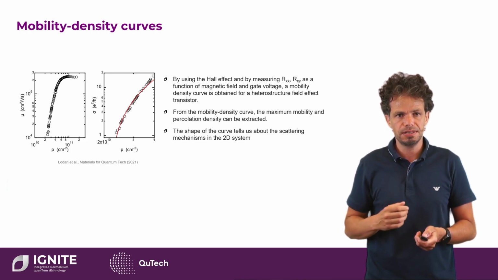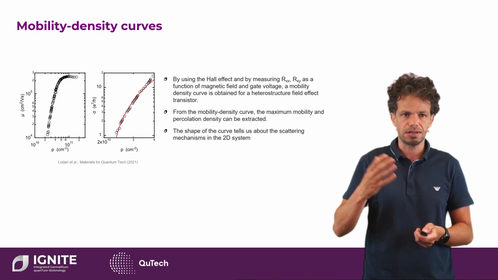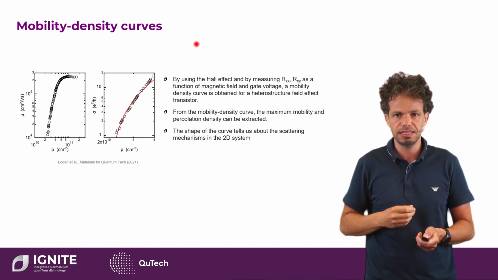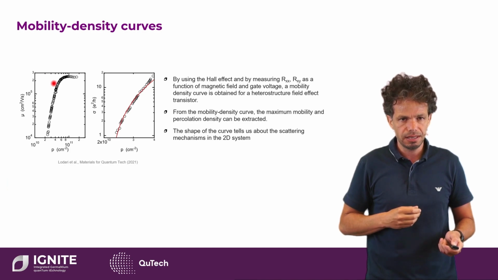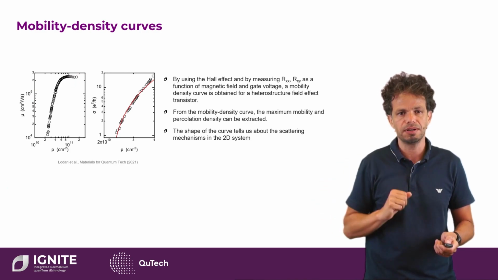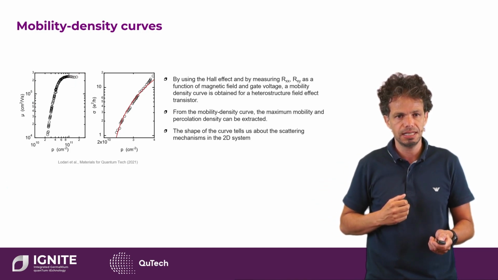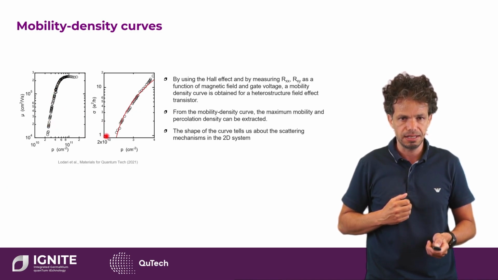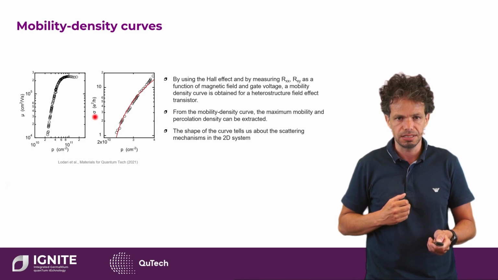When we measure these mobility density curves, which are the mobility at a specific density and then repeated as a function of density, we really look at this part of the curve, which tells us the maximum mobility once you saturate the quantum well with charges, and the minimum density to enable conduction in the channel.